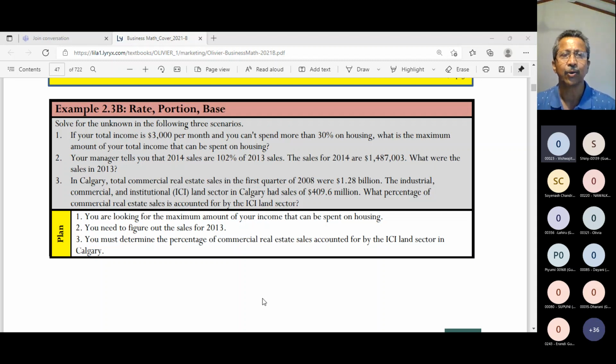In Calgary, total commercial real estate sales in the first quarter of 2008 were $1.28 billion. The industrial, commercial, and institutional land sector in Calgary had sales of $409.6 million.